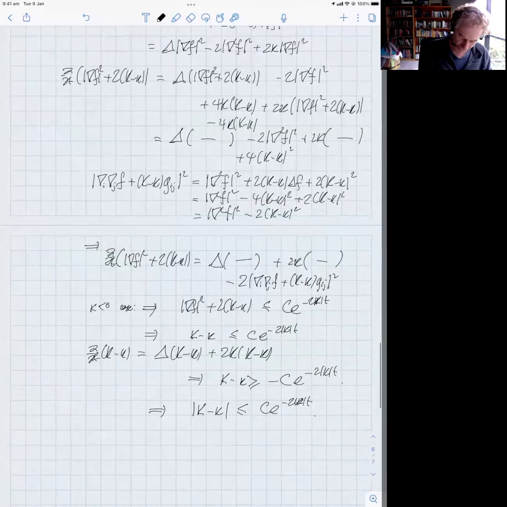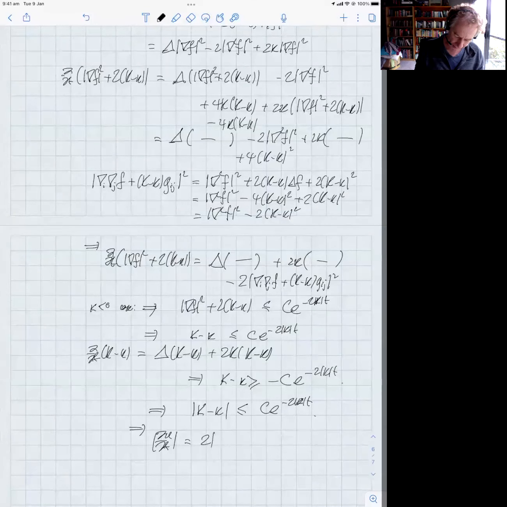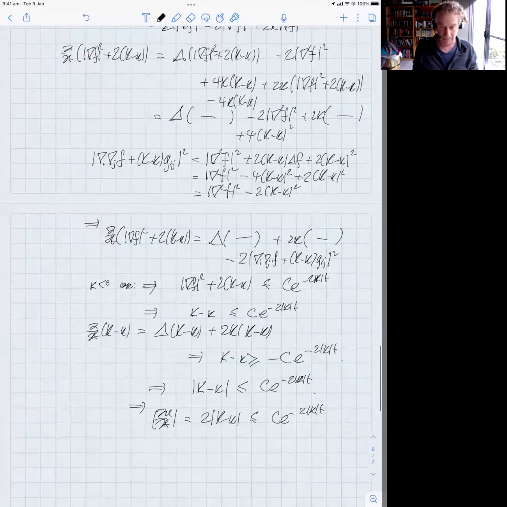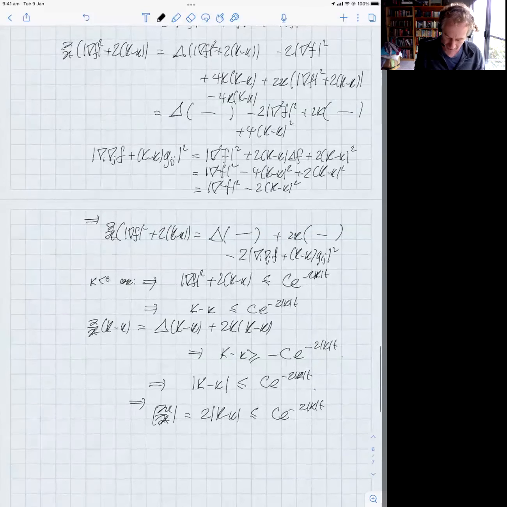Okay, and now we're in business because that tells me that u, okay, so remember du/dt is twice (k minus kappa). That goes to 0 exponentially. And so that tells me that the conformal factor u converges exponentially to a limit.